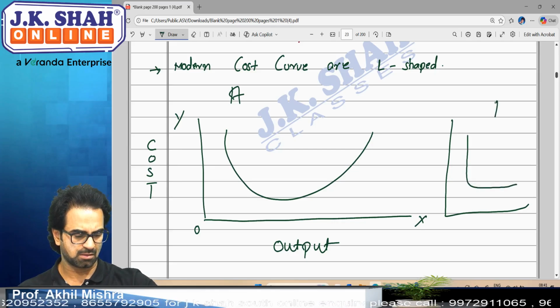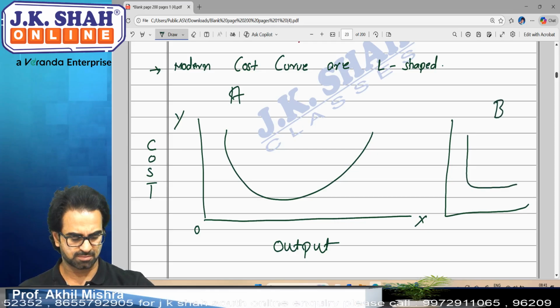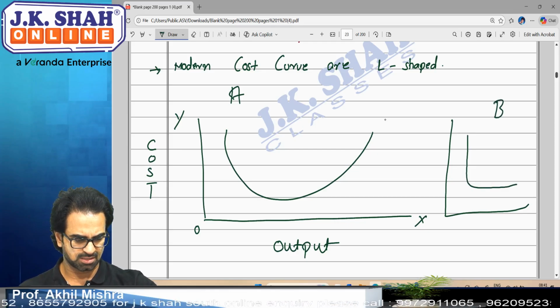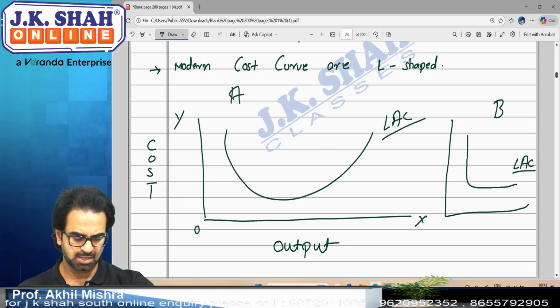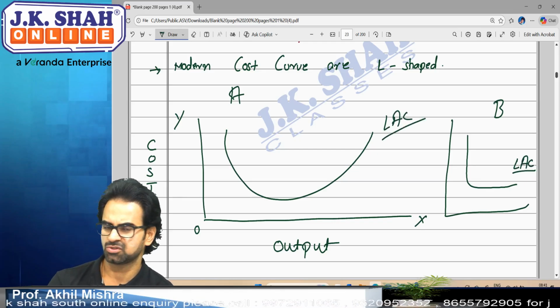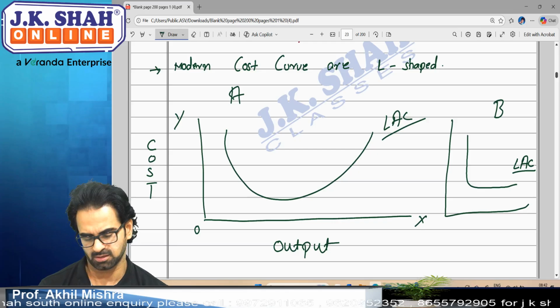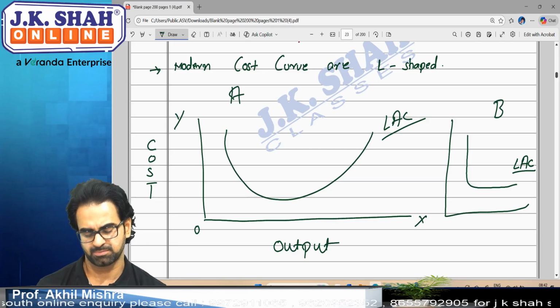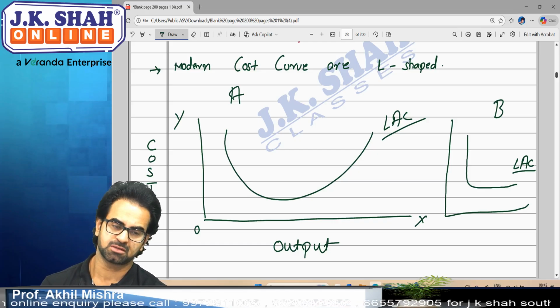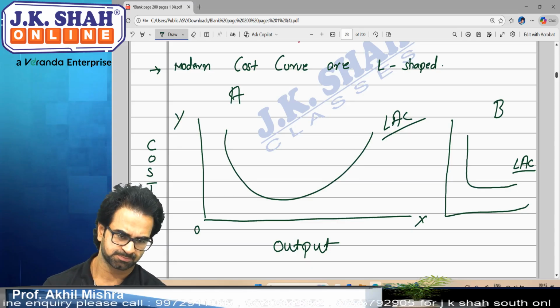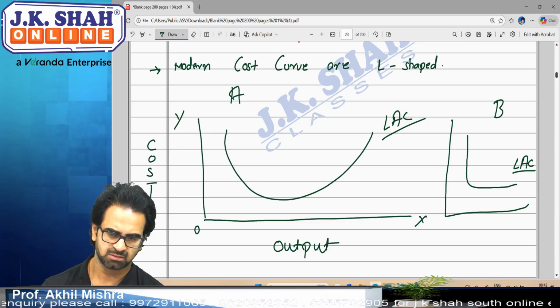Tell me, when it comes to cost, this is, let's say, LAC. They're both LAC, the diagram A and diagram B. What do you think, being a producer, which cost is better for you?